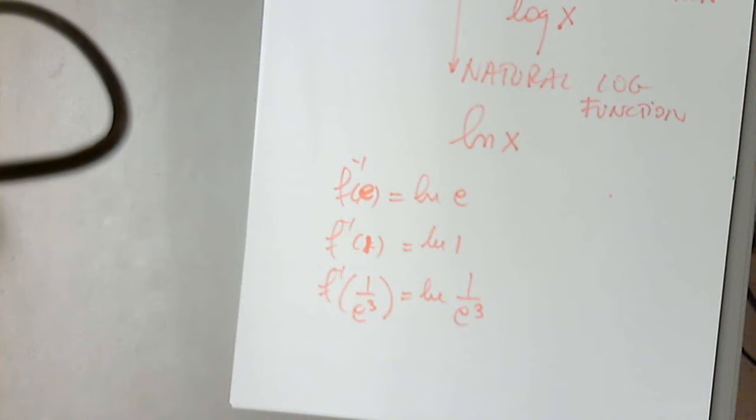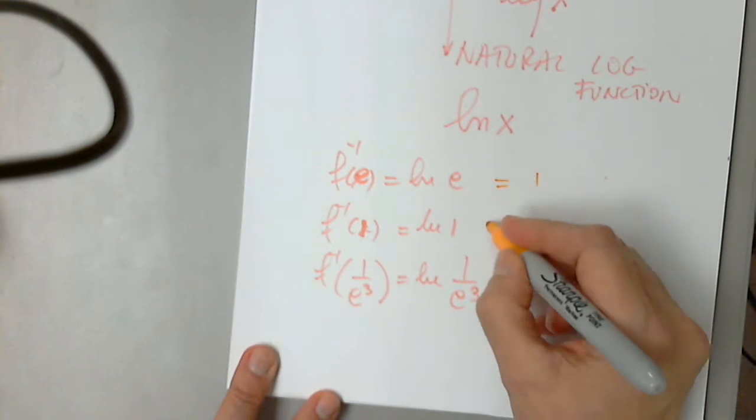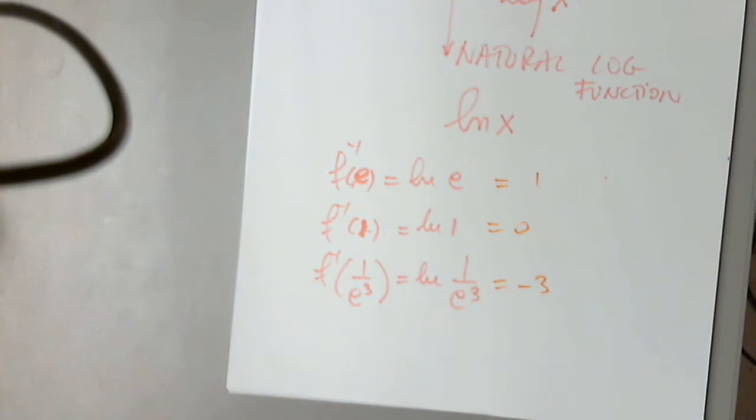Okay, and the last one, natural log of 1 divided by e to the third. This is e to the third. Close the parenthesis. What are we expecting? -3. Good. So this is 1, this is 0, and this is -3.